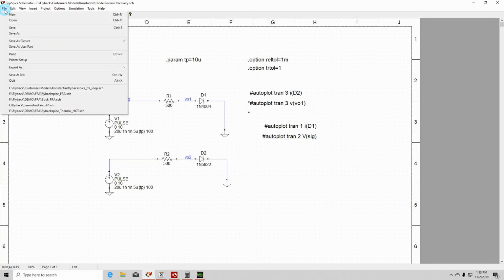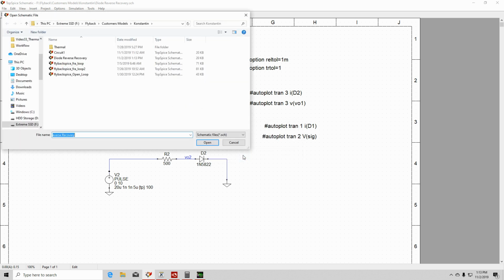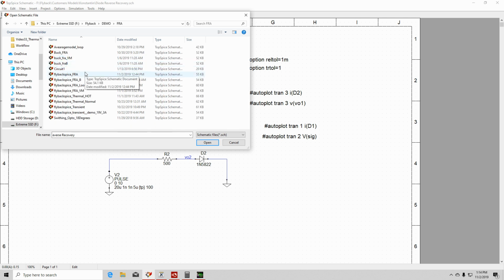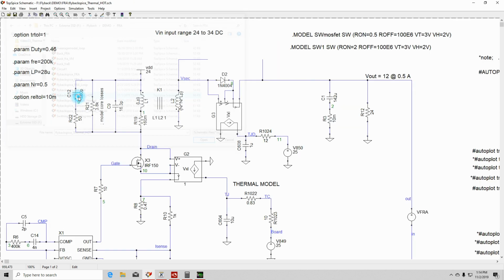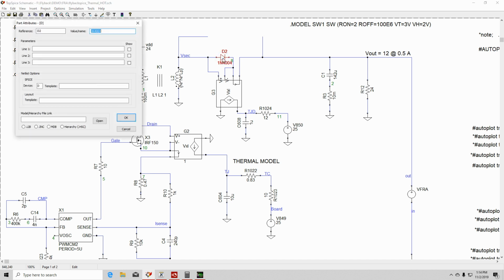Okay, so let's try to see if we can find a model. I believe I have a model here. It may be this one. Okay, so I have this one here. I'm using the 1N4004, but let's go ahead and see what happens.